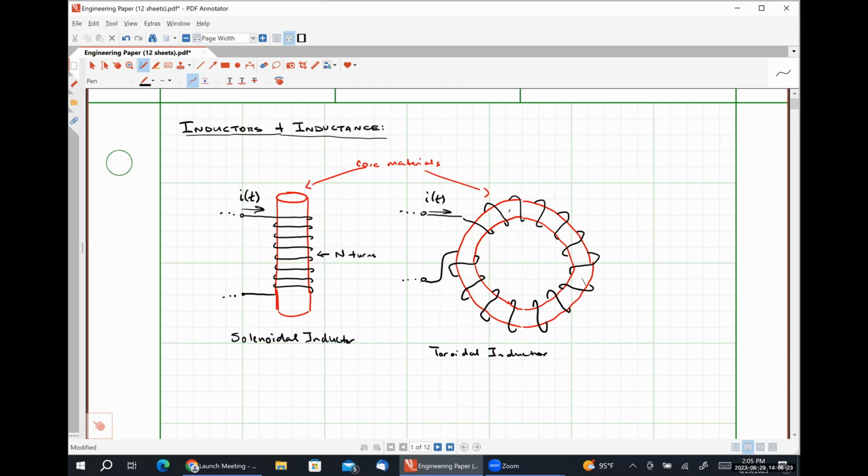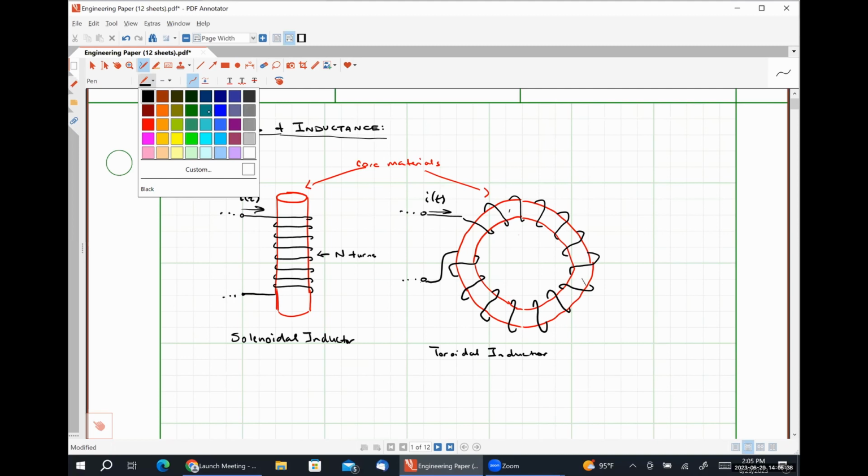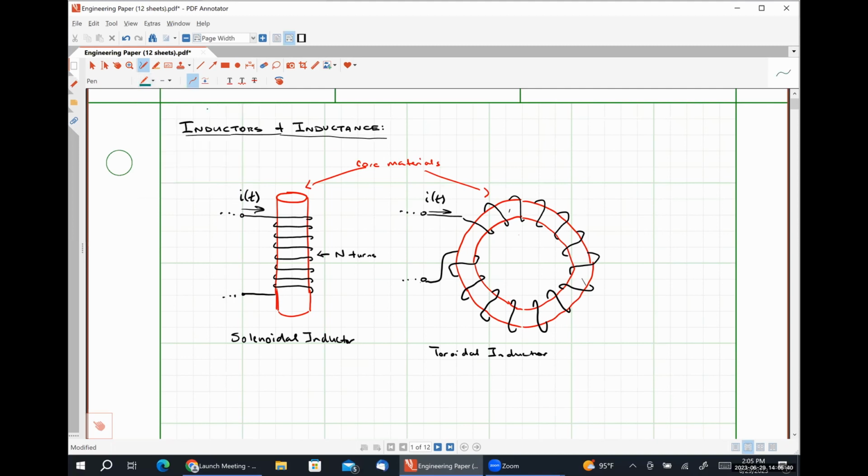For those of you that have had Physics 202, you know that anytime we have a current, we have a magnetic field. When we wrap the wire around a form like this, what we wind up doing is we concentrate the magnetic field internal to this structure.